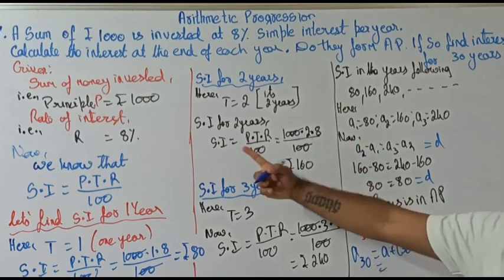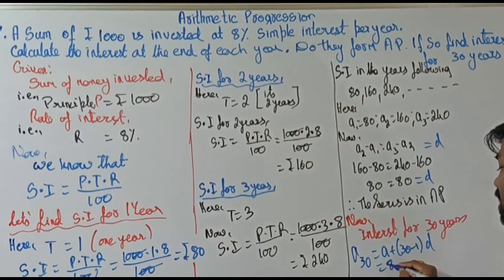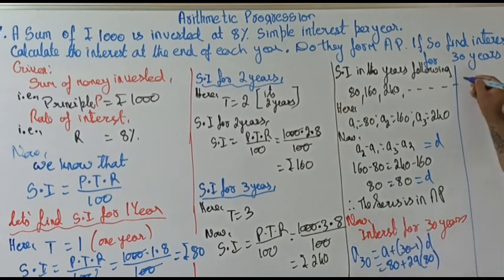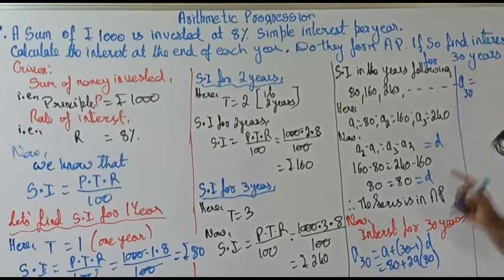If you plug in, A is the beginning term, 80, plus 29 into the difference 80. If you simplify, A30 is 80 plus, what's the value, 29 into 80.